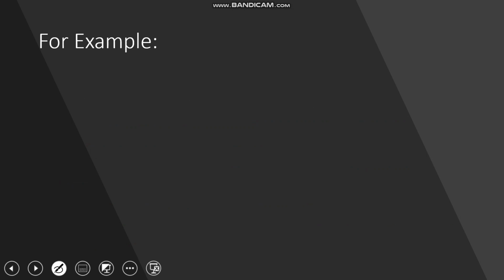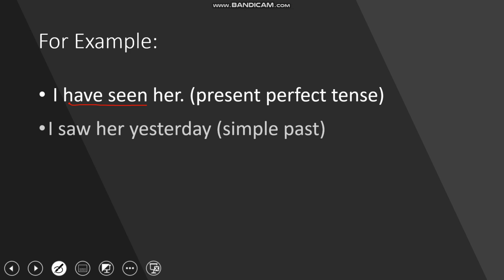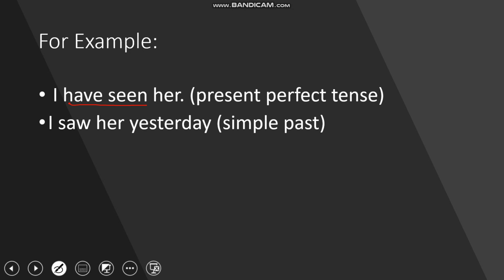To better understand the concept, let us see some examples. Look at this sentence. I have seen her. This sentence is written in the present perfect tense. And I saw her yesterday. This is written in the simple past tense.